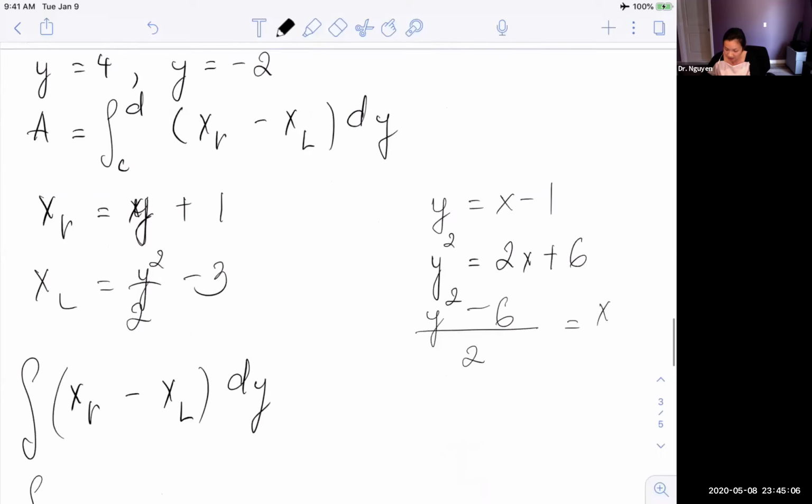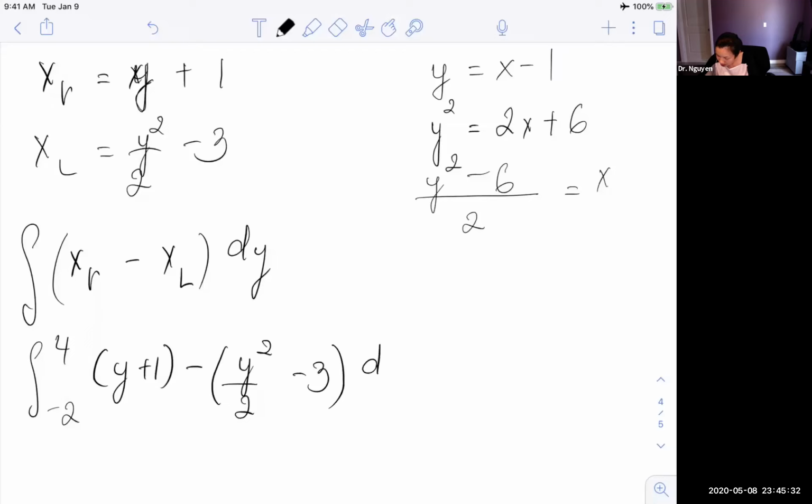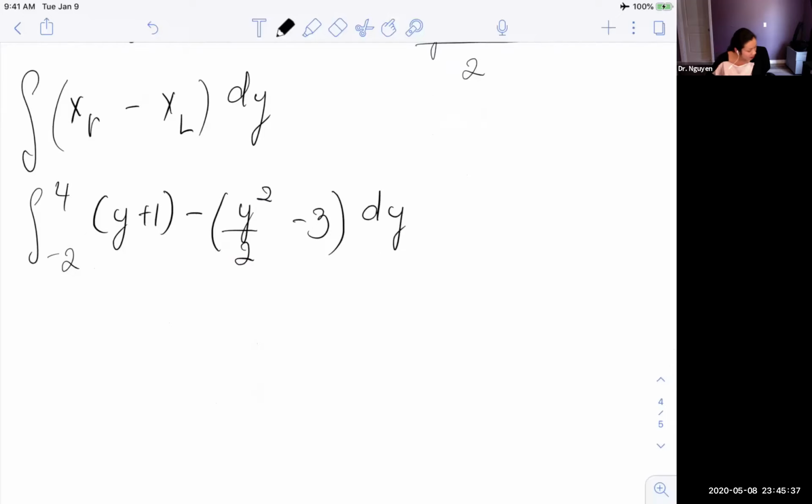So I'm going to have -2 to 4 for y, because we're dealing with dy here. So let's say the function, which one is the right one? So y plus 1 is the right one. y plus 1, subtract the left, y squared divided by 2 minus 3, dy. And then from there, we simplify, we integrate.